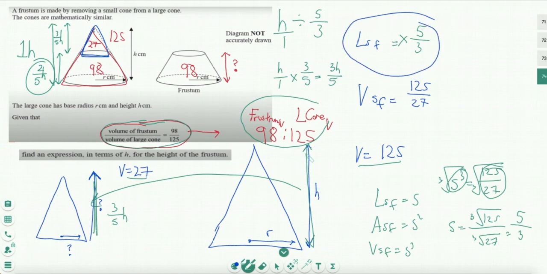Now, since we knew the height of the big cone, we divided h by 5/3 to give us the height of the small cone. We divided the fractions, and that gave us 3/5 h. So the height of the small cone is 3/5 h, and the height of the big cone is 1h, and therefore the remainder must be the height of the frustrum, which is 2/5 h.